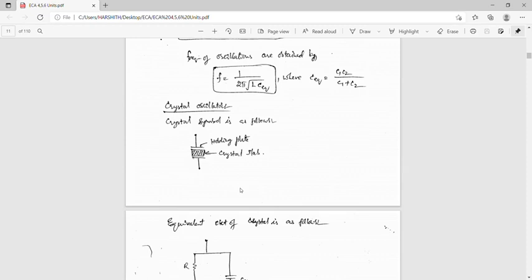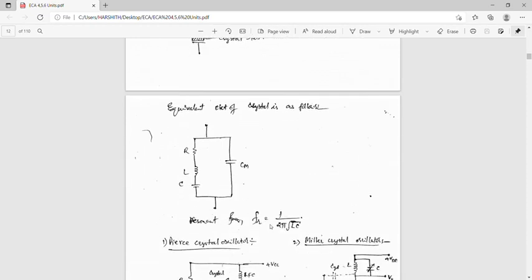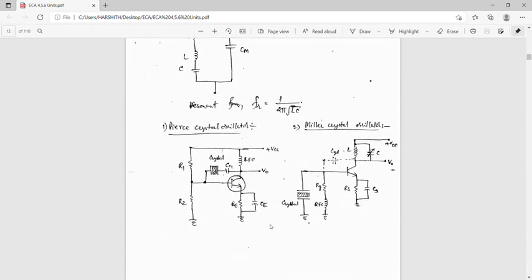The crystal oscillator is preferred when greater frequency stability is required. The crystals are used in watches and in communication transmitters and receiver circuits.